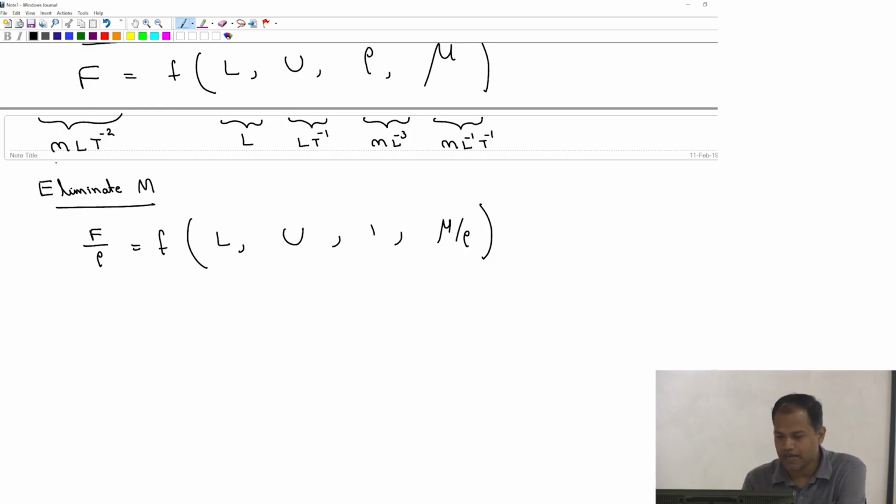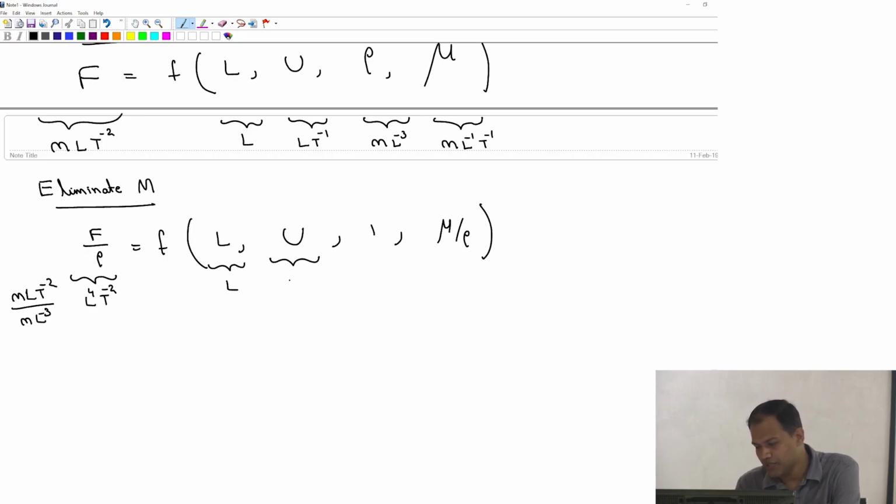So what is the dimension of f now? We originally had m L t to the power minus 2 and I have divided with the density. So that's m L t to the power minus 2 divided by m L to the power minus 3. So the dimension of f by rho is L to the power 4 t to the power minus 2. L is still L, U is L t to the power minus 1.